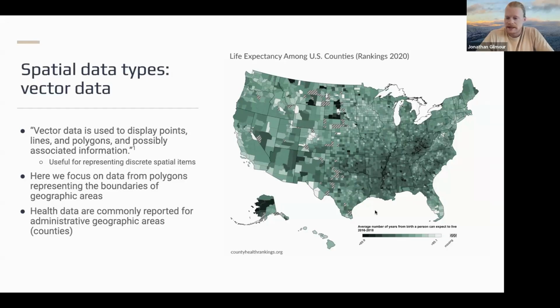So this is a life expectancy map, and the United States is an interesting example for any spatial representation exercise, because we commonly think of the United States as the lower 48. But of course, there's Alaska and Hawaii and a number of territories.